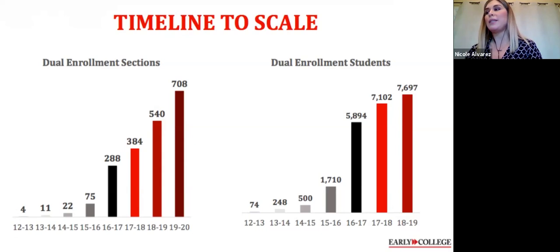The first is that we applied with AACC for guided pathways, and the second is that our rural initiatives team was developed in 2015, and that really showcased how much the students in rural communities wanted us to come to them. It also showcased how we were able to create equity and merge guided pathways in to create student success. So let's go ahead and go to the next slide.